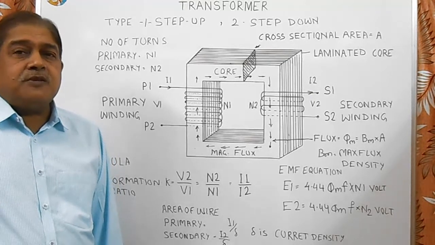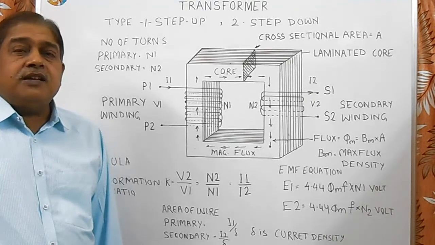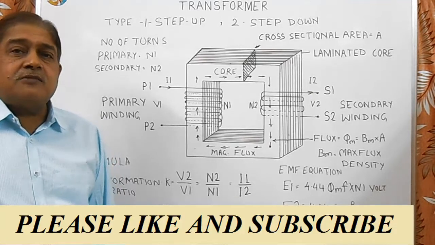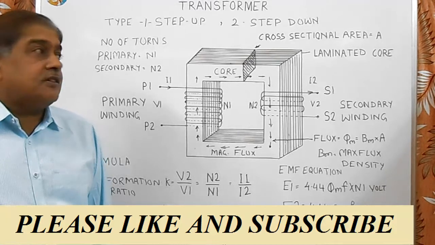And power transformers are generally used in power station and substations, whereas 11 kV to 440 volt transformers are used as distribution transformer. You have seen on the poles of street, these are distribution transformers.